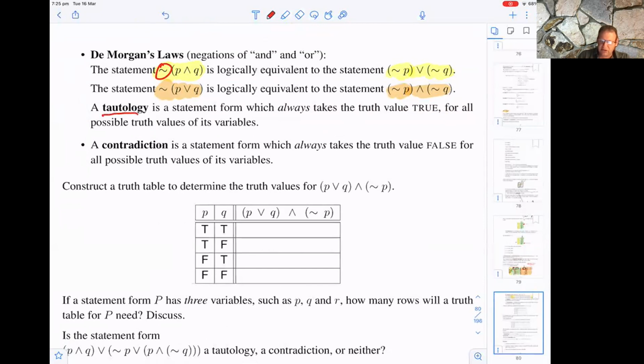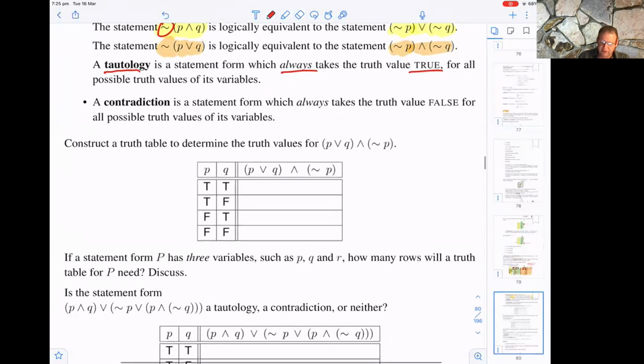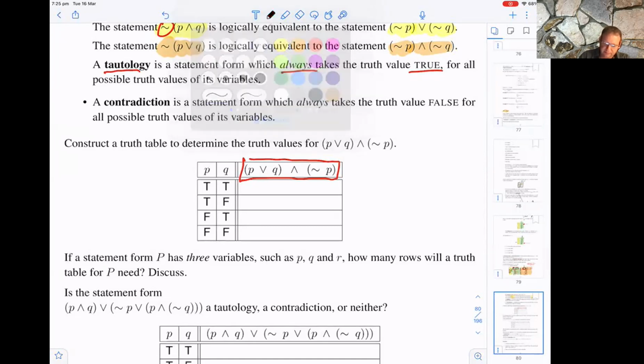A tautology always takes true. For example, if your compiler on a computer program sees you do something like this, let's see that this is a tautology first. So let's check. True and true, what does this give us? First statement, what do we get for true and true? Plug in here, true and true.